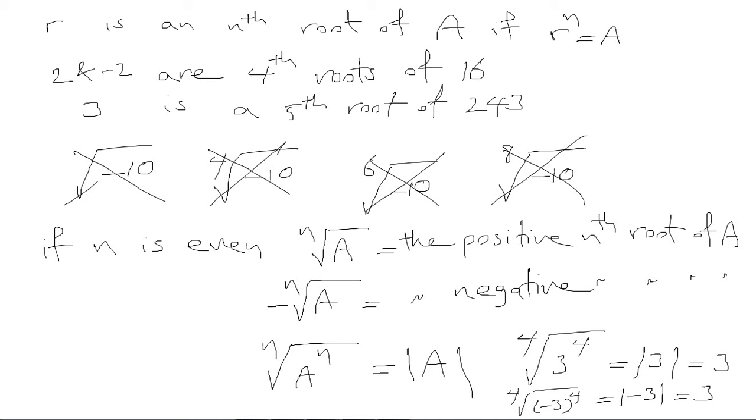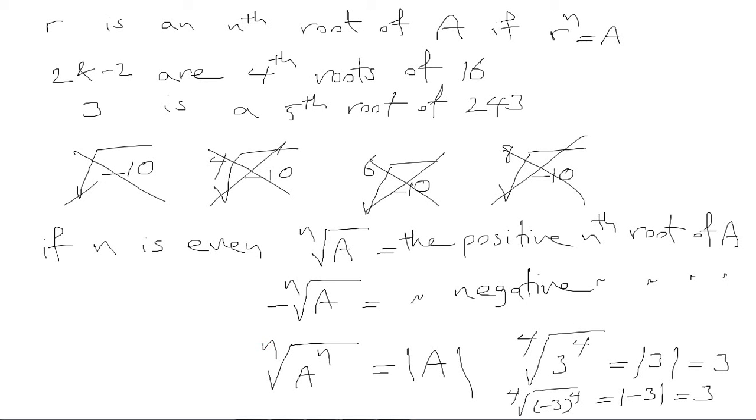So this is true about the square root, and this is true about any even index. So I repeat, only non-negative numbers have even roots, and all the positive numbers have 2 even roots.